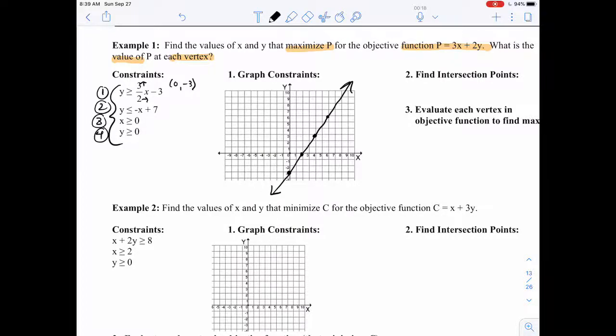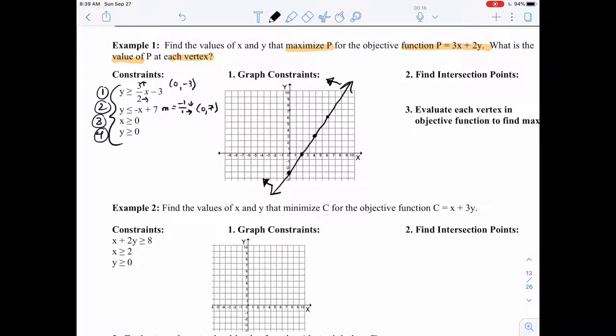Instead of shading, I'm just going to put little arrows at the end of our boundary line, noticing that we're supposed to shade above. In our second equation, our slope is negative 1. So we will go down 1, run to the right 1, and 0, 7 is our y-intercept.